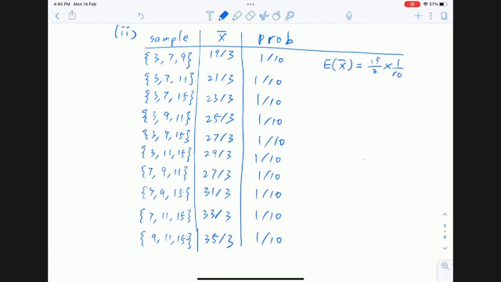We multiply each possible value to the corresponding probability, and do this for all. Each of these sample means multiplied by the corresponding probability, and then we add them up all together.